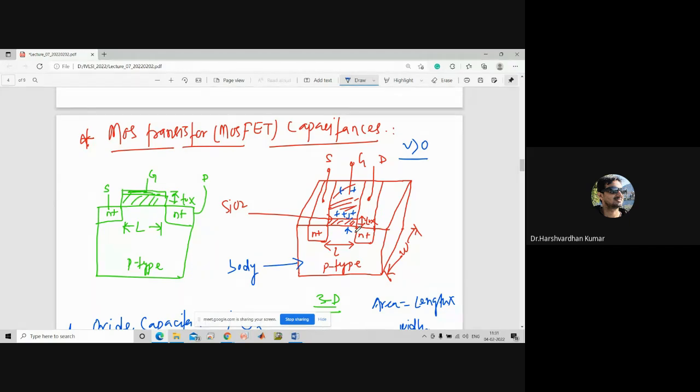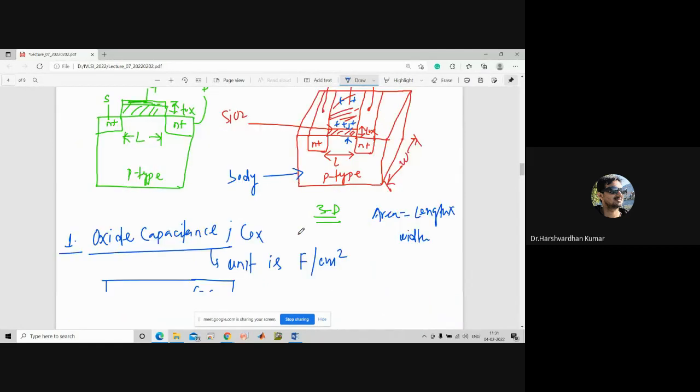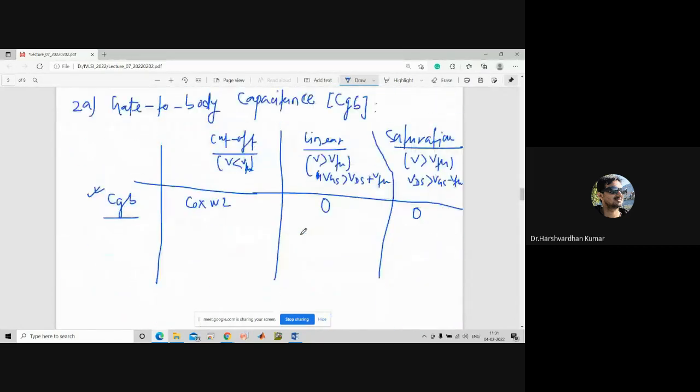Any difficulty? Okay, so now we move to the gate to channel. Under gate to channel, what will happen?